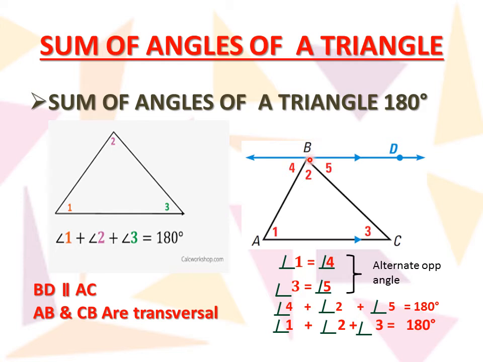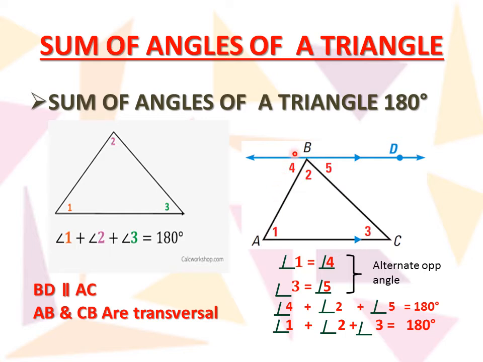So here AB is the transversal which is intersecting two parallel lines BD and AC at point B and at point A, correspondingly. So, according to that, angle 1 and angle 4 are alternate interior angles. They are within the two parallel lines and just in the opposite direction of this transversal AB.